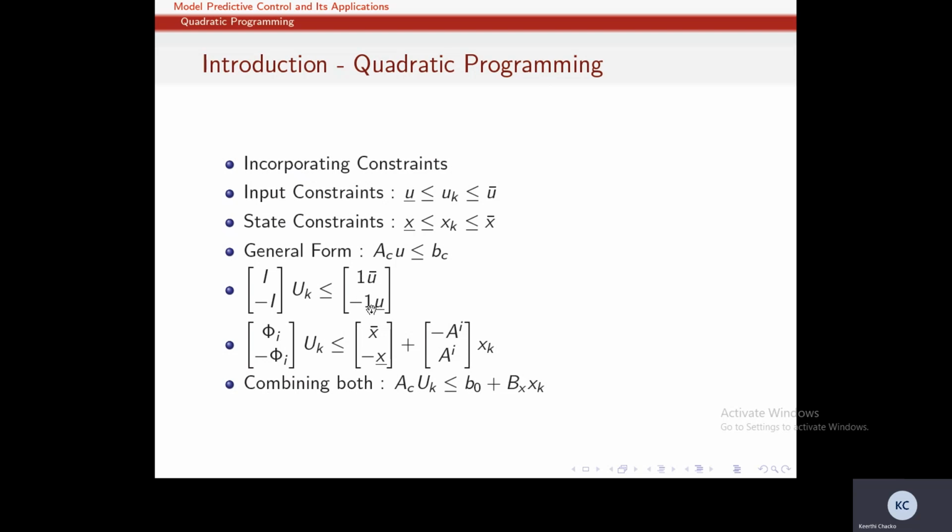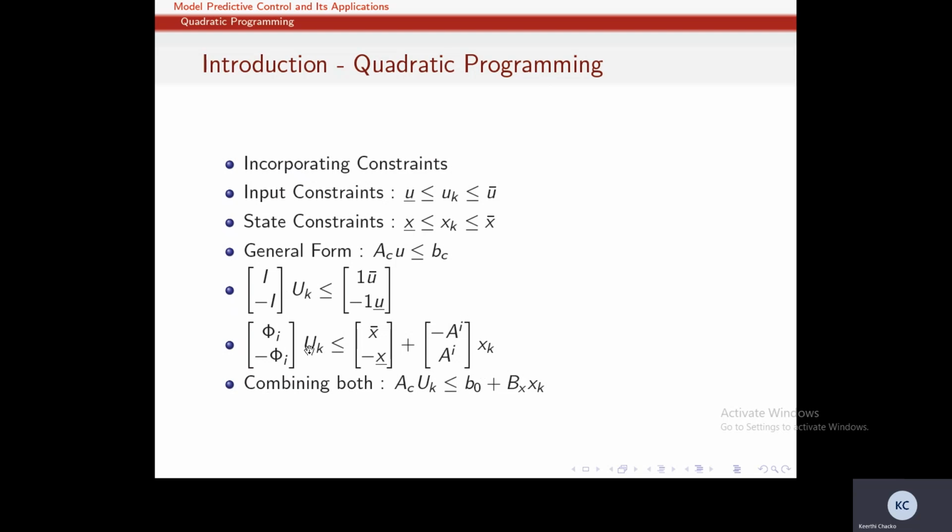The state constraints we convert to input constraints by using our model, x k plus 1 equals A xk plus B uk. Using that, we predict all the future states in terms of the present state and the future control values. That is how we write this second equation.